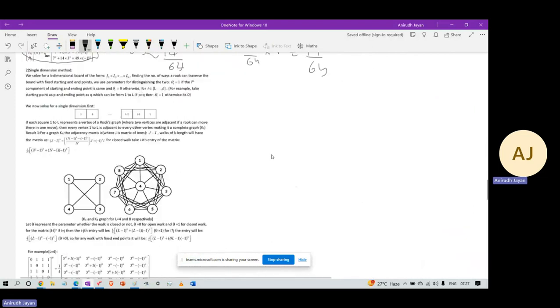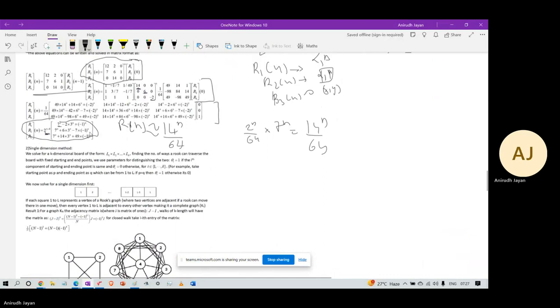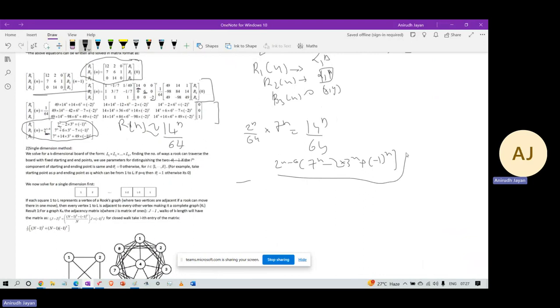But we already have the exact value. That is 7 to the power n minus 6 times 7 power n minus 2 into 3 power n plus minus 1 power n. This is the number of ways a rook can reach H8 from A1 in n moves. Let us put n equal to 1.